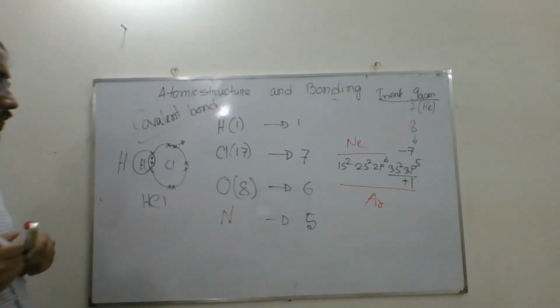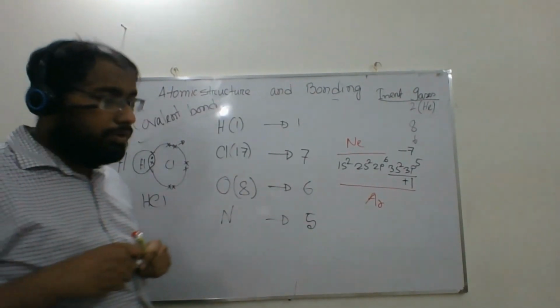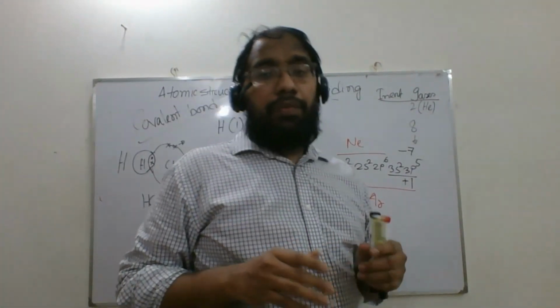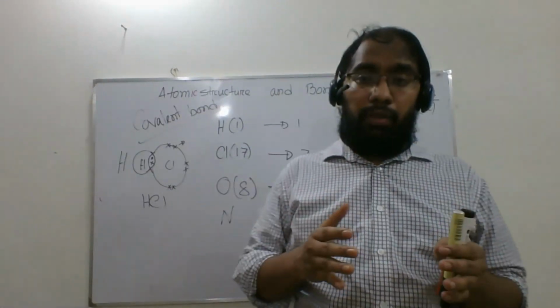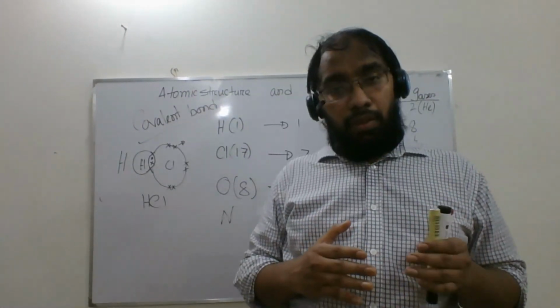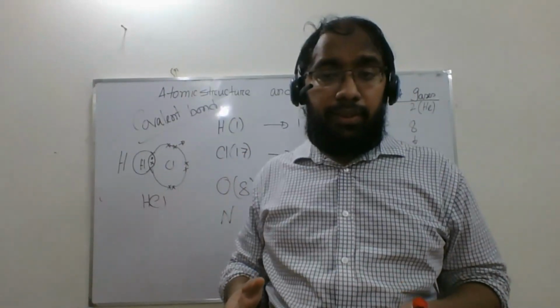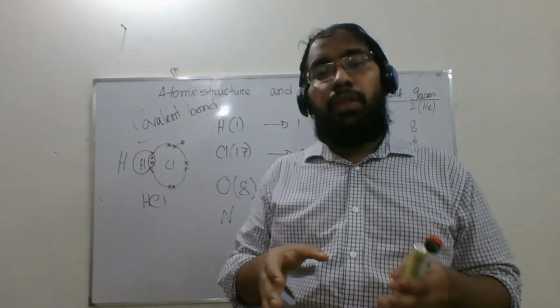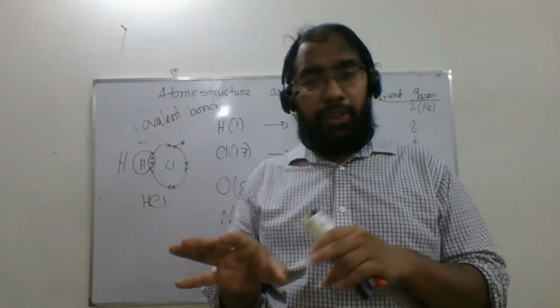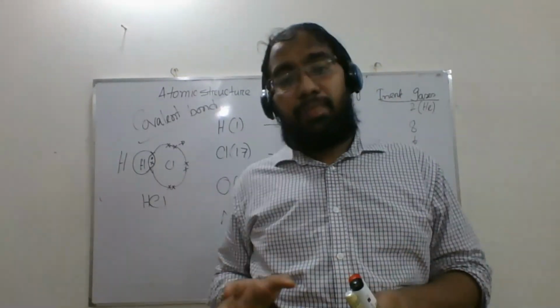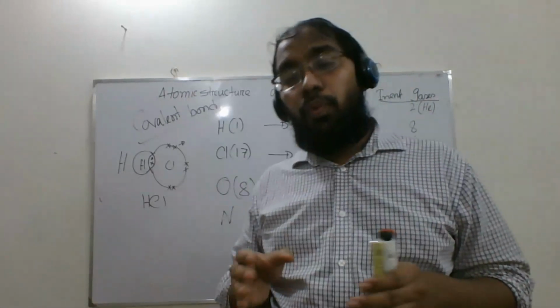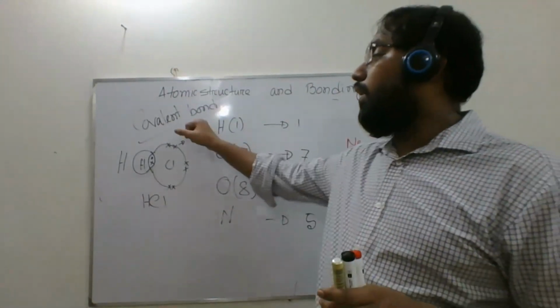Okay, that means now what is the definition then? Now if two or more elements combine with each other to obtain the electronic configuration of the inert gases through sharing of the electron among themselves, not the donation, sharing of the electron among themselves, then that bonding is known as covalent bond.